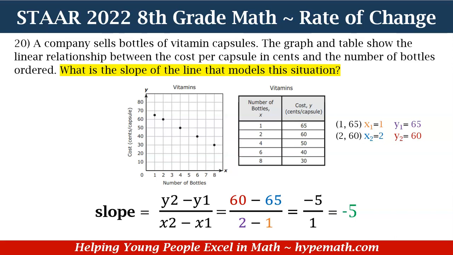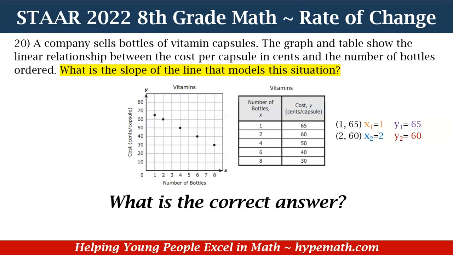So for our slope formula, it is Y2 minus Y1, which is 60 minus 65, divided by X2 minus X1, and that is 2 minus 1. 60 minus 65 is equal to -5. 2 minus 1 is equal to 1. -5 divided by 1 is equal to -5. So what is our correct answer? Yes, our slope is equal to -5.